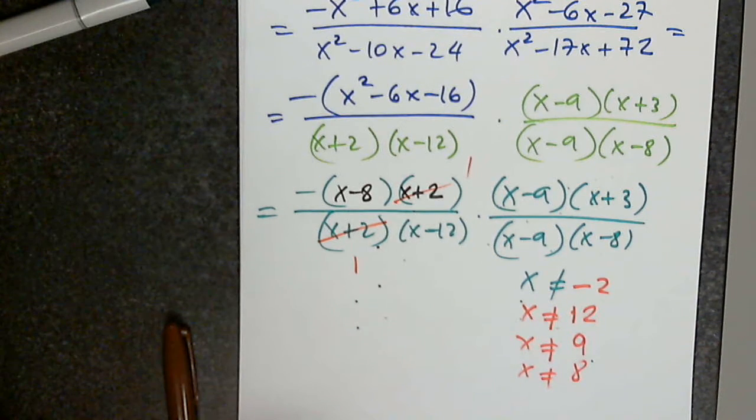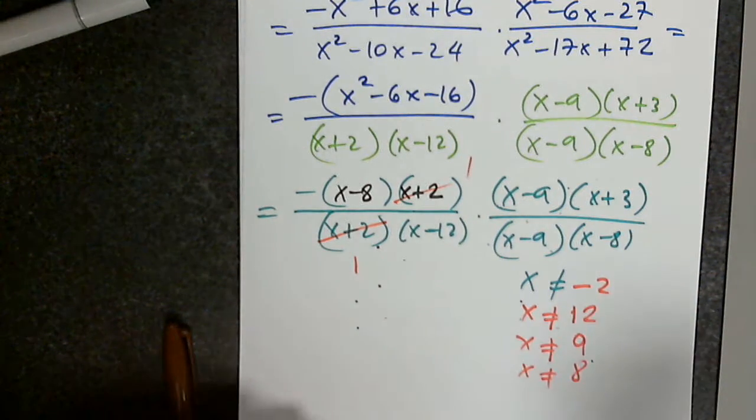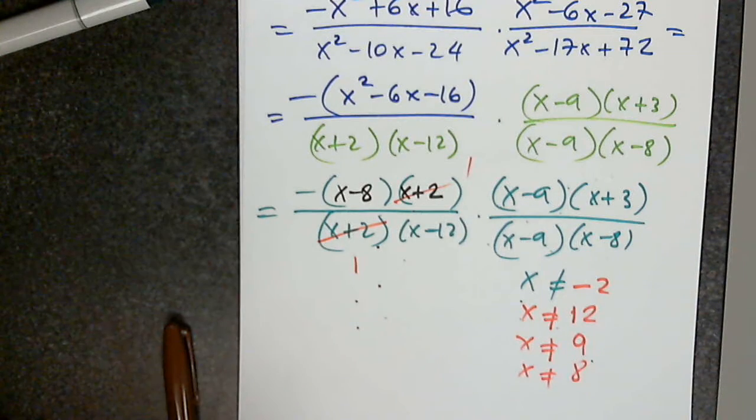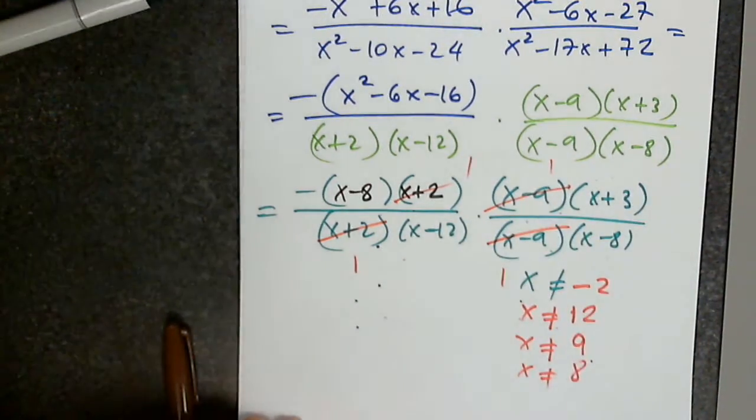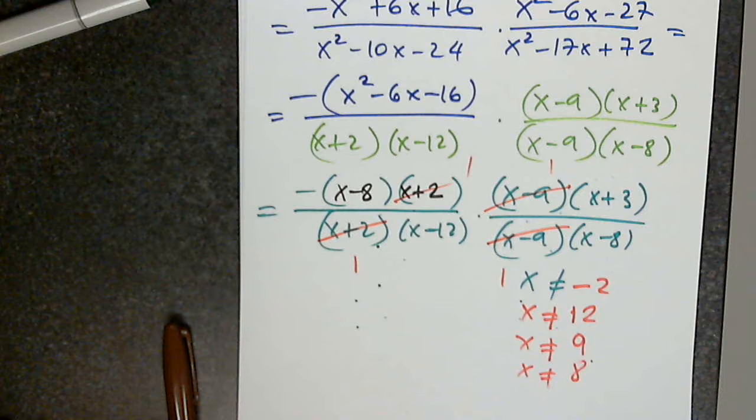Anything else? I don't have an x plus 3 in the denominator. X minus 9. 1 from the top, 1 from the bottom.